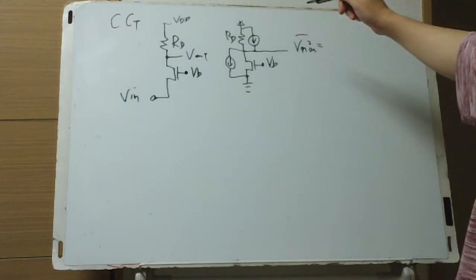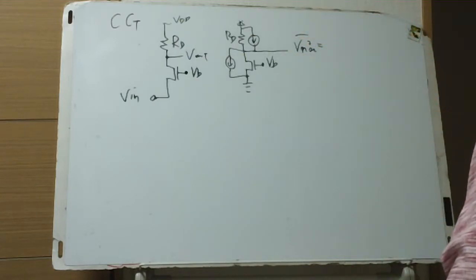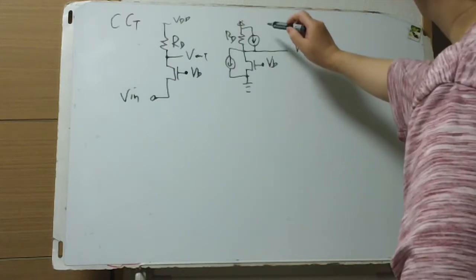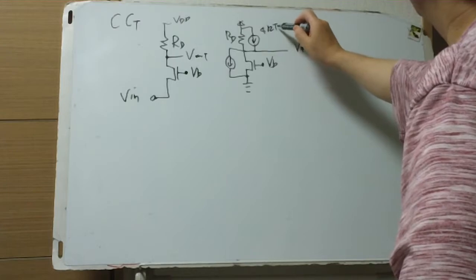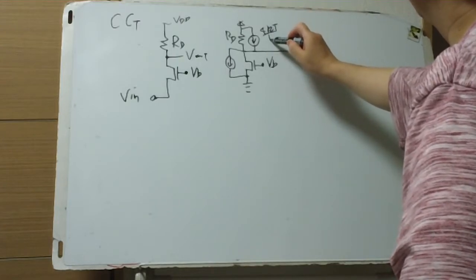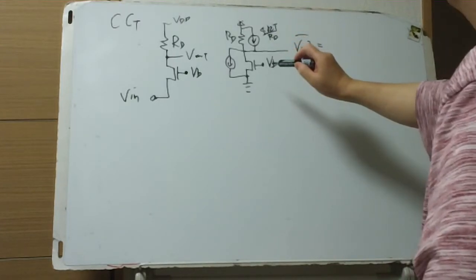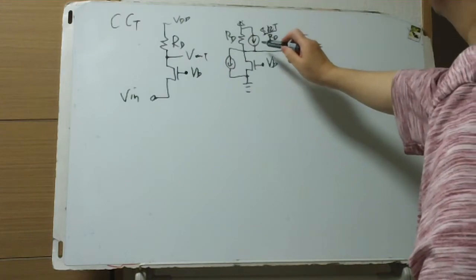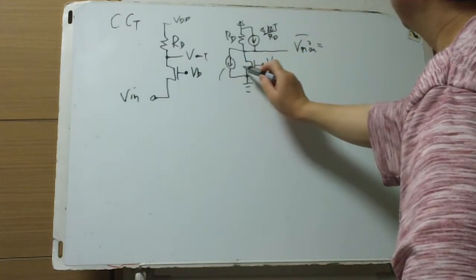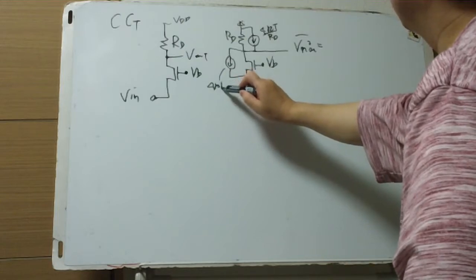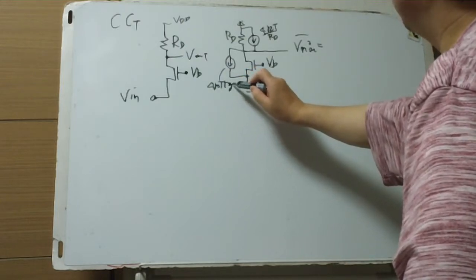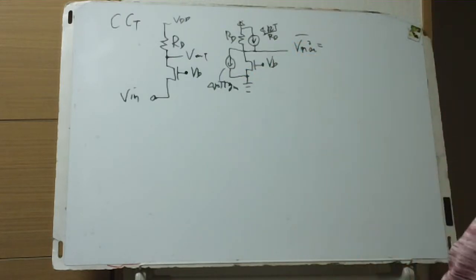is where the input resistance is. This current noise power equals 4kT over RD, and of course this one is 4kT gamma gm, this gm.